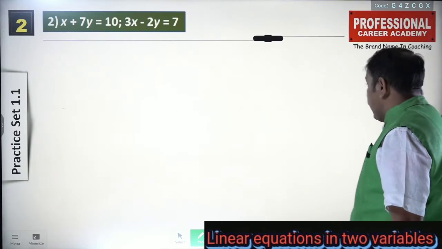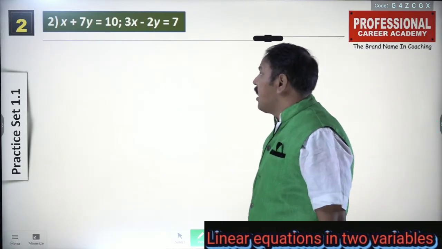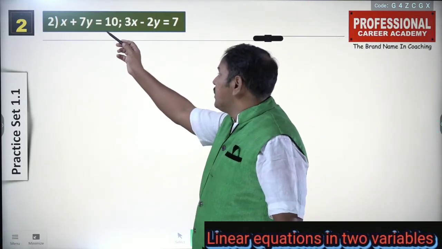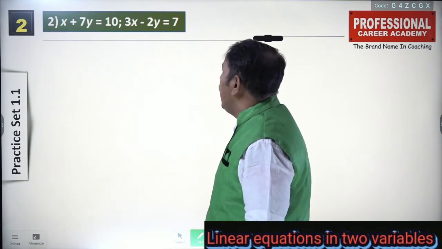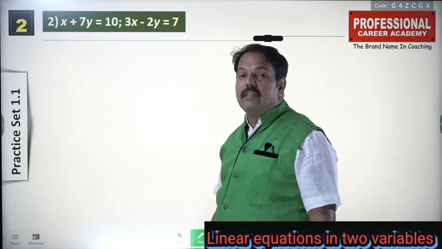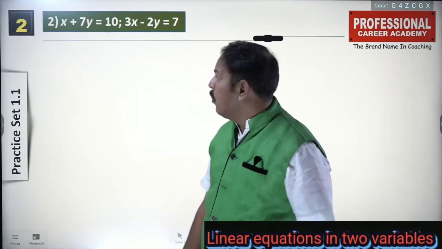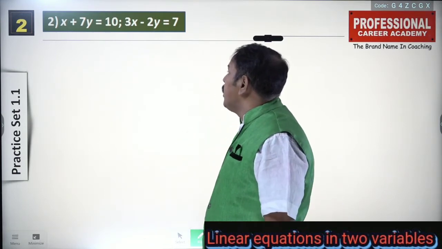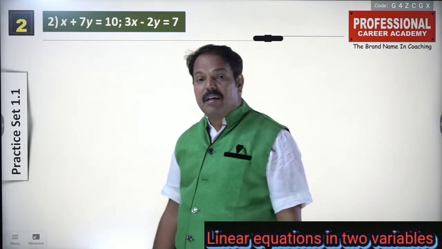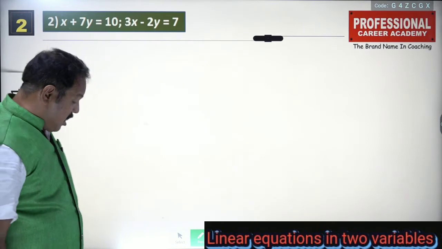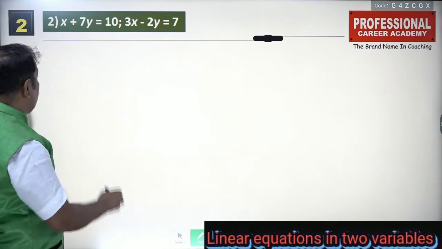Now take down another example. This is another example. This is the simultaneous equation. x plus 3y is equal to 10 and 3x minus 2y is equal to 7. So again, note the equations as 1 and 2.